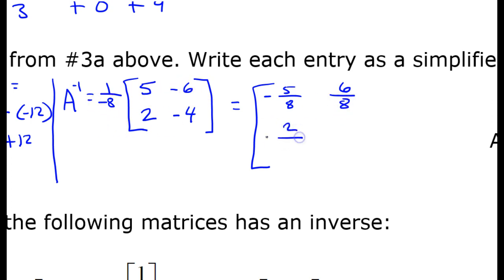And -2/8 and +4/8. As I look at them, I'm thinking they're all over 1. For example, when I did 1 over -8 times 5 over 1, I'm doing 1 times 5 and 8 times 1. So that's where I'm getting this from.